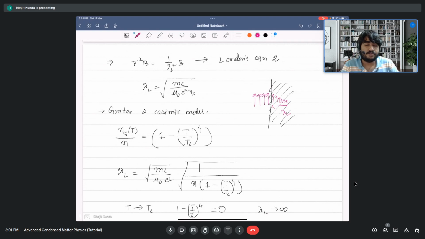But a conductor is transparent to the magnetic field, while a conductor screens the electric field. These are the two main differences between a conductor and a superconductor from the perspective of the electromagnetic fields. Nice. Any question?